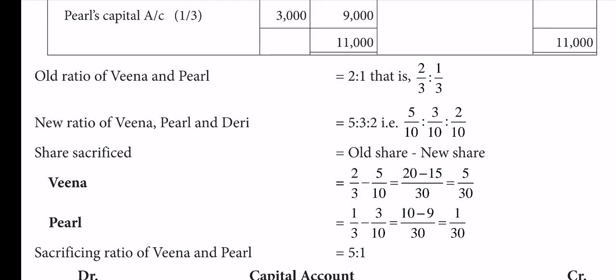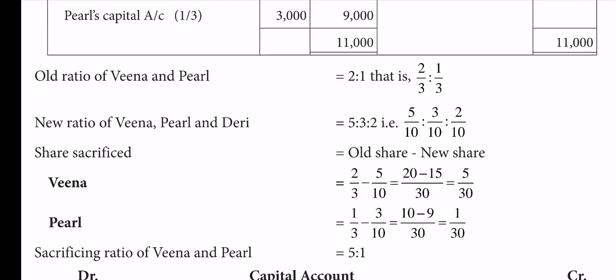As we know, sacrificing ratio equals old ratio minus new ratio. Veena's sacrificing ratio is her old ratio 2/3 minus 5/10. Take the LCM and simplify: 10 threes are 30, 10 twos are 20, minus 3 tens are 30, 3 fives are 15. Therefore 20 minus 15, 5/30 is the sacrificing ratio of the first partner Veena.